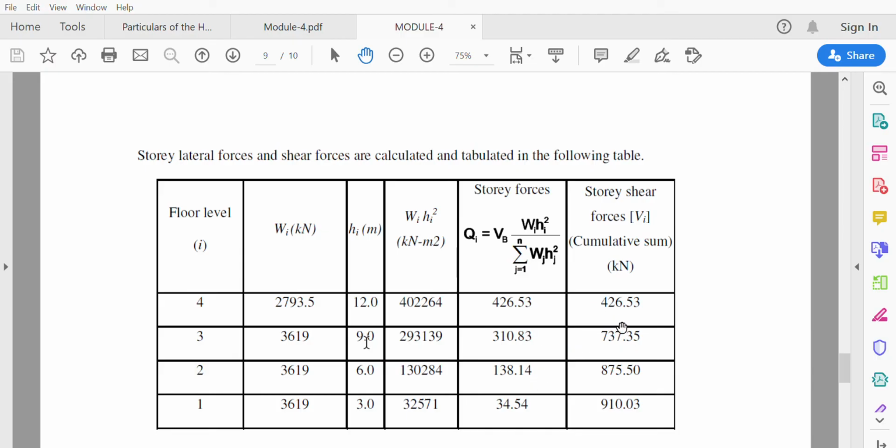So here the story shear for the third floor is story shear of the terrace floor plus Qi of the third floor. So that gives 737.35. Similarly 875.57 is 737.35 plus 138.14.